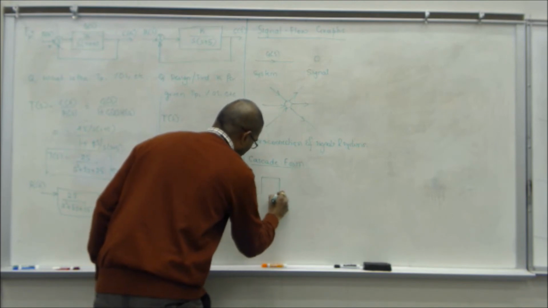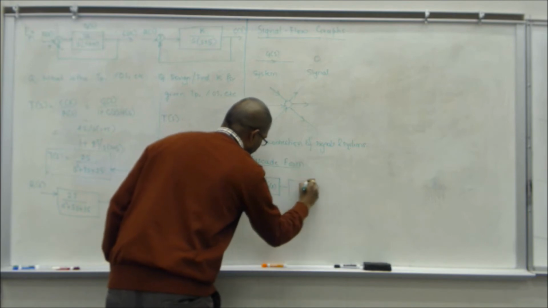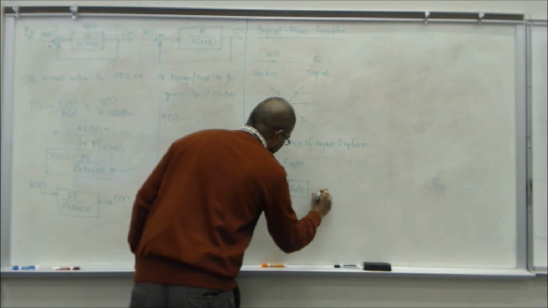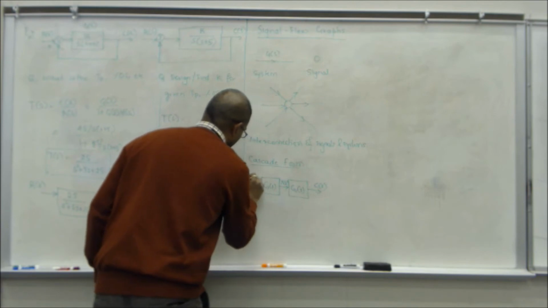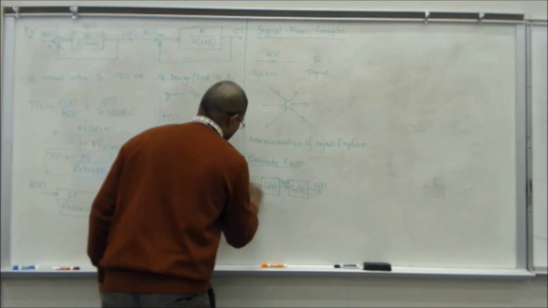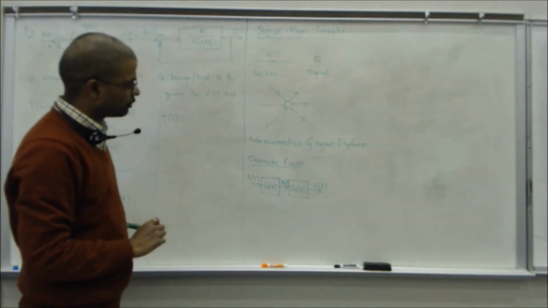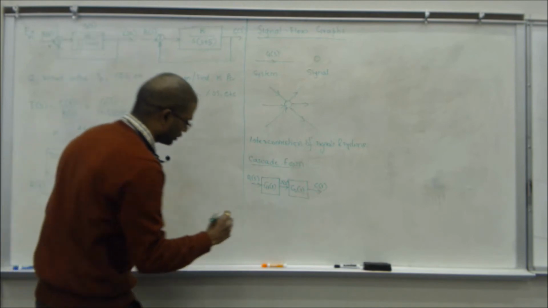So if you have something like this in block diagram, G1 of S, G2 of S, C of S, X of S, the equivalent signal flow graph for this one would look something like this.